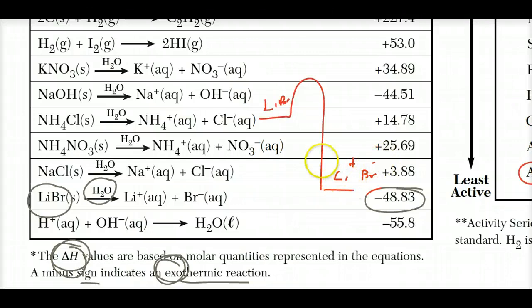That's the product. And the difference of where I start and where I finish went down 48. That's why it's negative. So how did it lose that energy? Well, it lost the energy to the environment, to get stable. So the water has to get warmer.